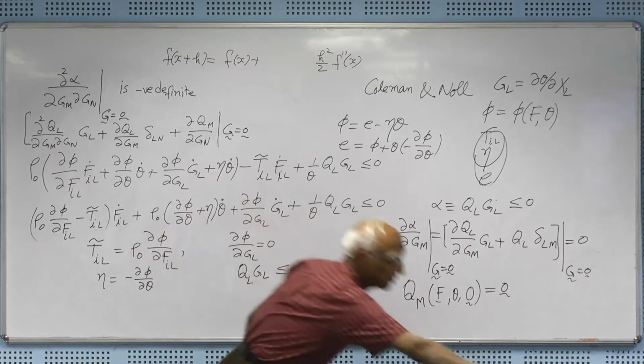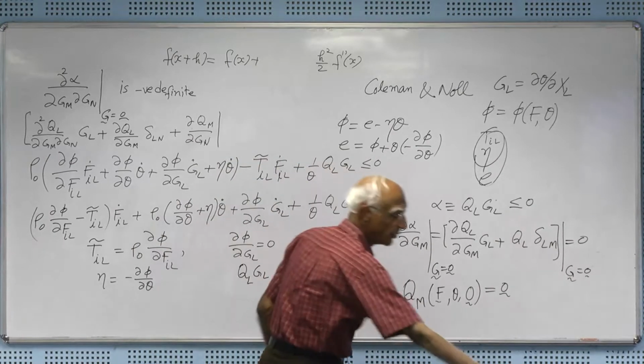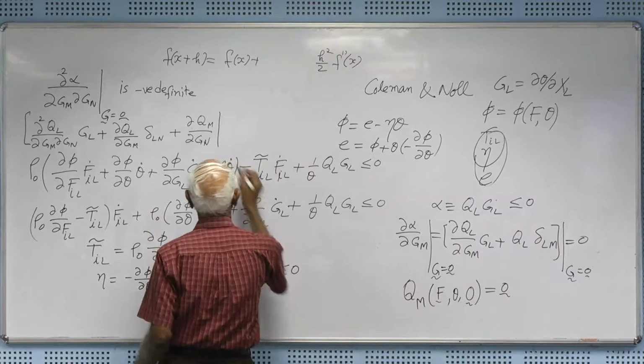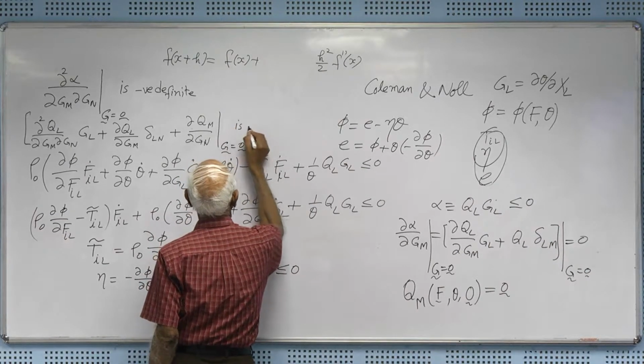Put G at the wrong location. All of this evaluated at G equal to 0 is negative definite.